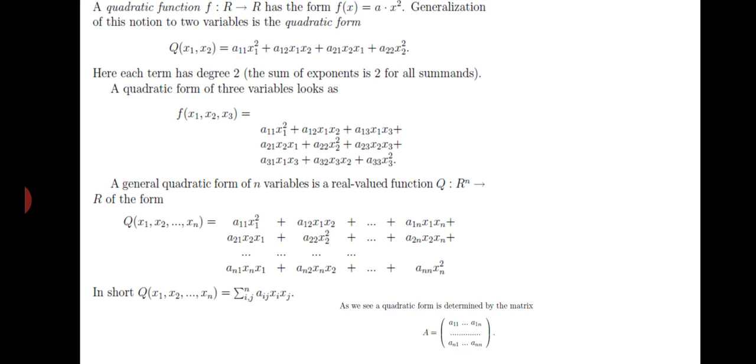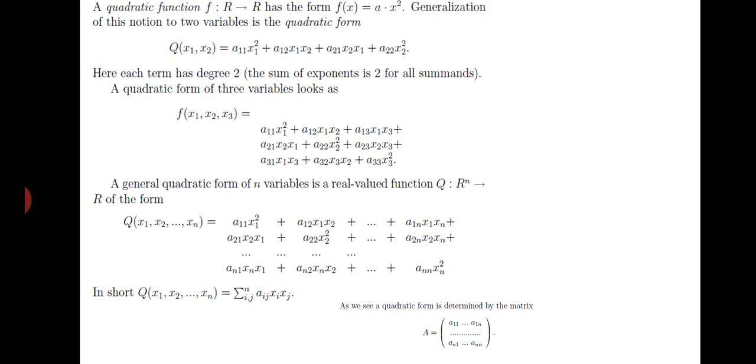You can understand this better from this slide. Here Q is defined, with terms like a11 x1 square, and so on. Again it is a quadratic form.